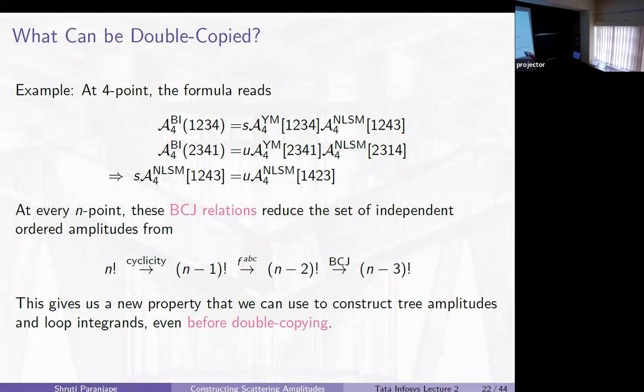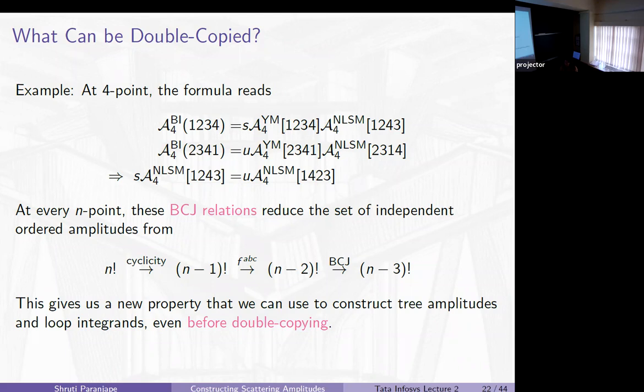It's a bit different from the previous slide. Now I just switch the positions of the particles around and rewrite the same formula. I know that these two amplitudes have to be the same, which means that the right-hand side has to be equal, which means that the NLSM amplitudes need to satisfy some condition.